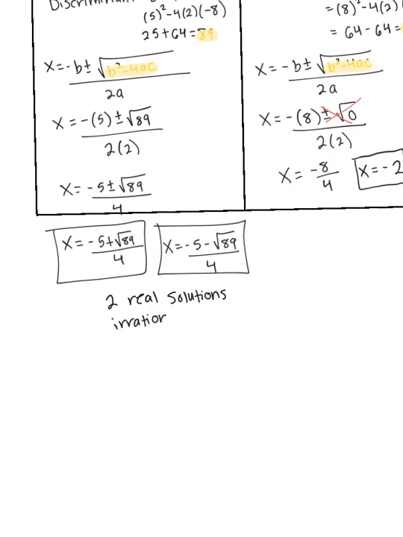If your discriminant is positive and it's not a perfect square, meaning I end up with the square root of some weird number, that gives me 2 real solutions, and they are irrational because of the inability for me to simplify that square root.